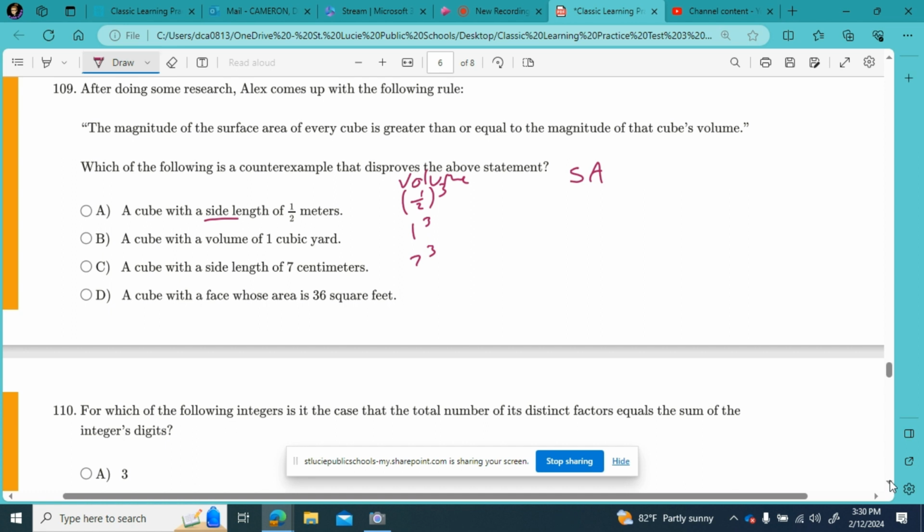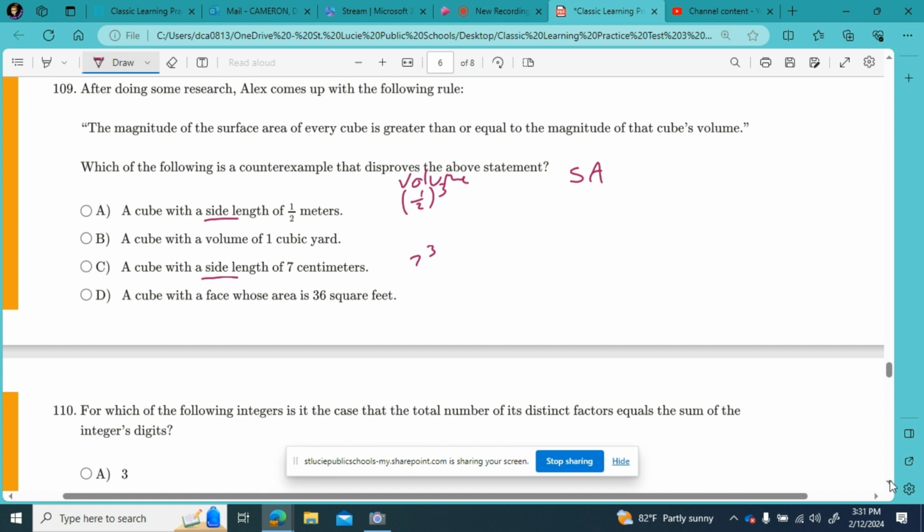B says volume. My bad. When the side length is 1/2, you just cube it, right? Side length of 7 for C. So I'm going to start with these two where they give us the side lengths.